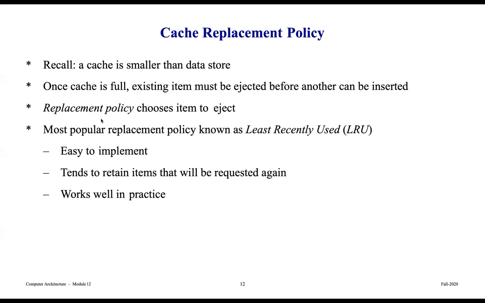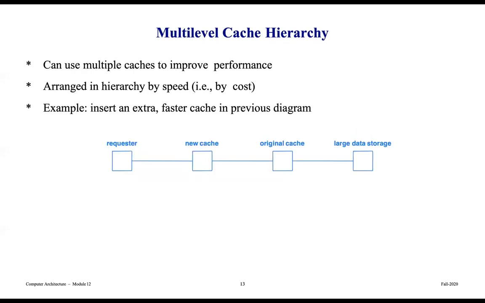The replacement policy chooses which items to eject. The most popular replacement policy is known as least recently used, and it tends to make logical sense. If it's not used recently, you're not going to have it on your shelf; you're going to stick it back into a less accessible place. This approach is easy to implement, it tends to retain items that will be requested again, and it works well in practice.